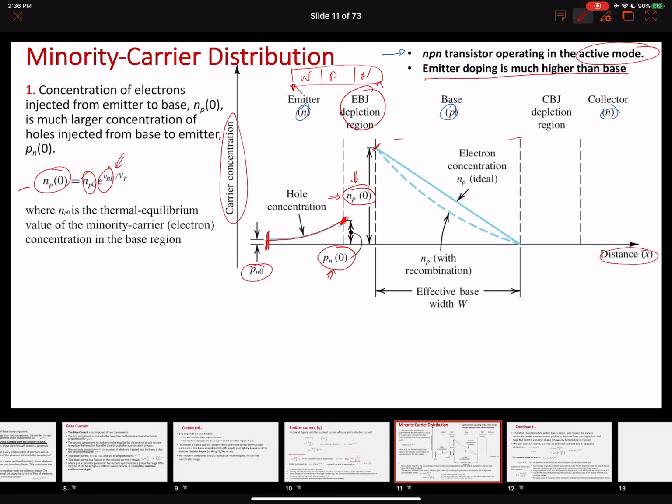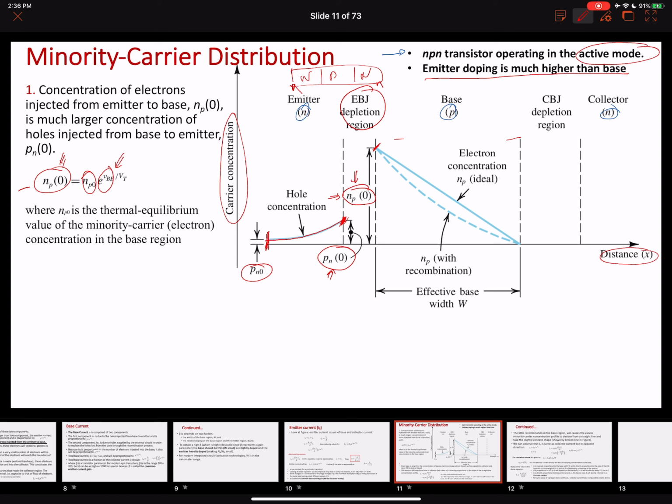So it is proportional to two things: the biasing voltage, and the thermally equilibrium number of minority electrons that were present in the base region.